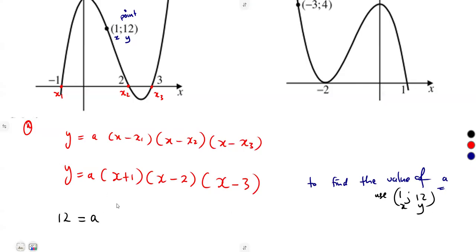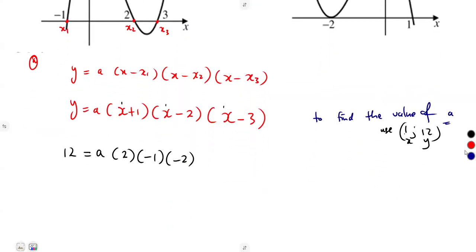When our x is 1, in place of x you're going to put a 1. So what are you going to have? 1 plus 1, that's a 2, times 1 minus 2, that's minus 1, times 1 minus 3, that's minus 2. So expand the right-hand side.